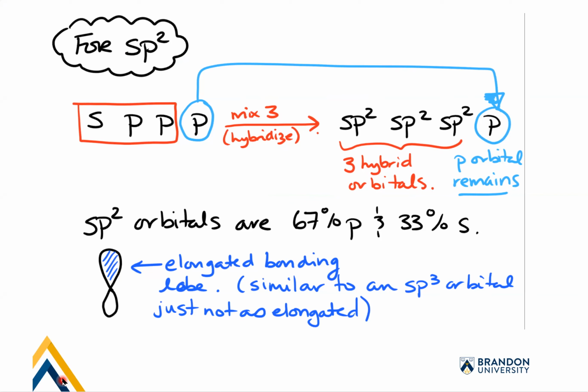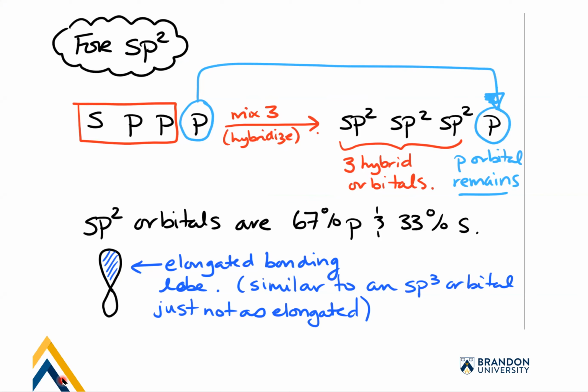So if you've got any type of double bond or triple bond, remember, double and triple bonds are not sigma bonds, they're pi bonds. And you can only make pi bonds with p orbitals. So pi bonds will have the sideways overlap of electron density.